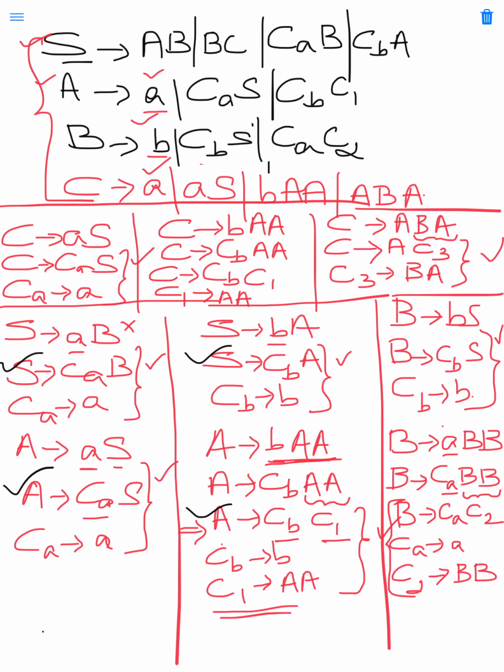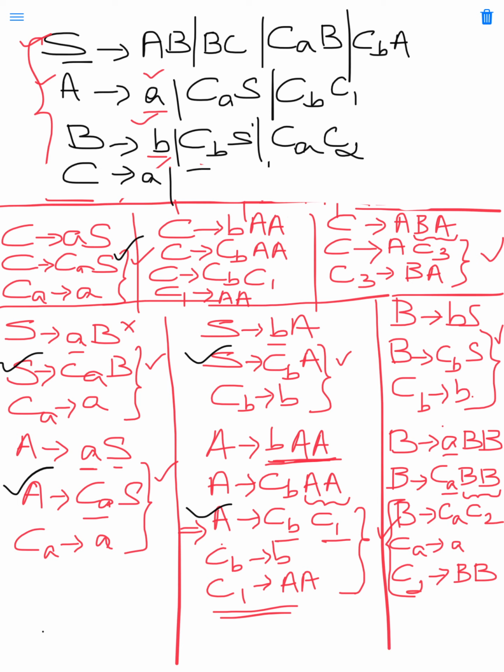Then C gives, already A is there, then CAS, then CBC1, then CAC3.